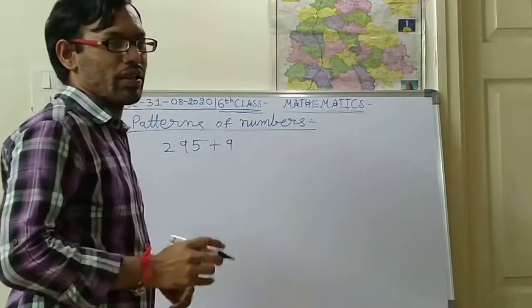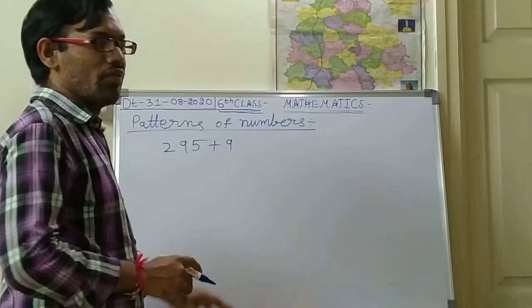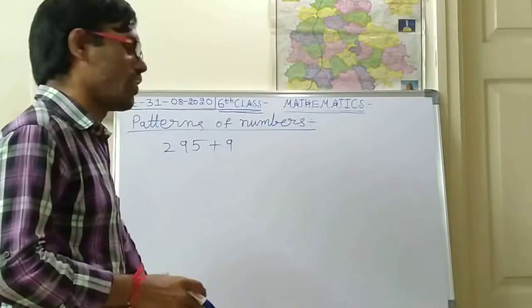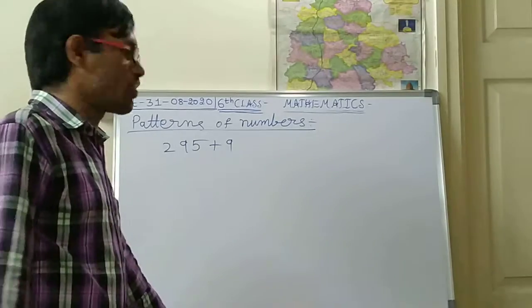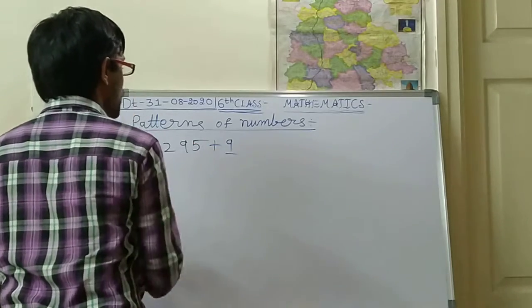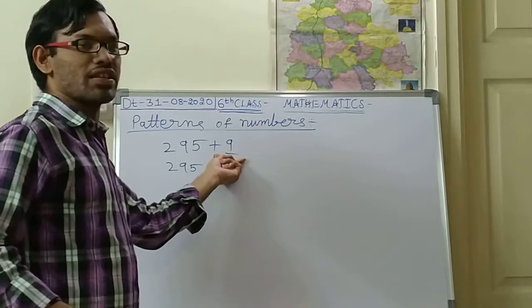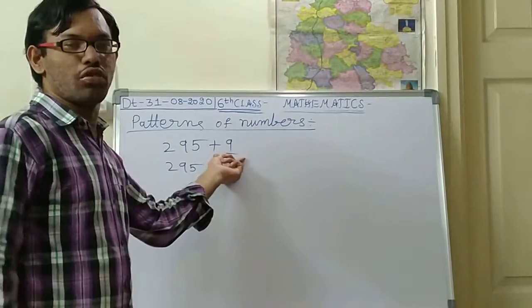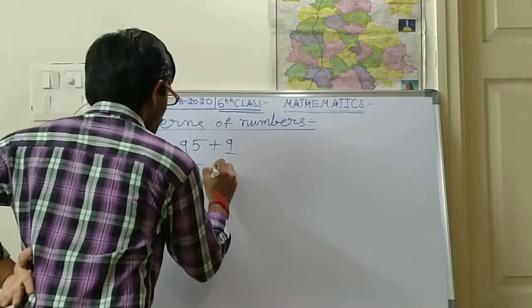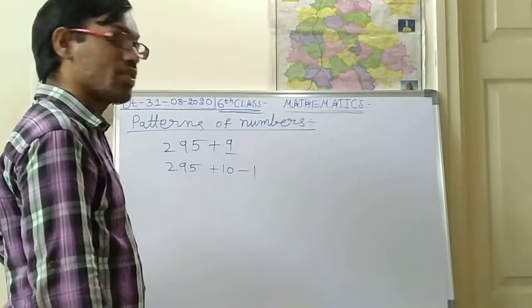You want to know it directly and very easily, instead of counting with fingers. So 295 plus 9 is there now. I am changing plus 9 into subtraction of two numbers, so plus 10 minus 1. Can I write 10 minus 1?